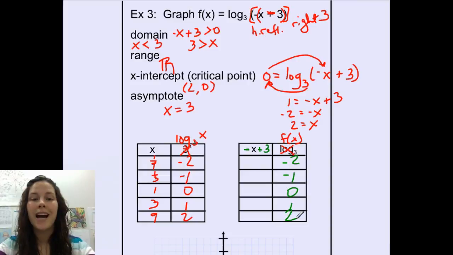So the x value is the opposite of 1/9 is negative 1/9 plus 3 gives us 2 and 8/9. The opposite of 1/3 is negative 1/3 plus 3 is 2 and 2/3. The opposite of 1 is -1, plus 3 is 2. Opposite of 3 is -3, plus 3 is 0. And opposite of 9 is -9, plus 3 is -6.